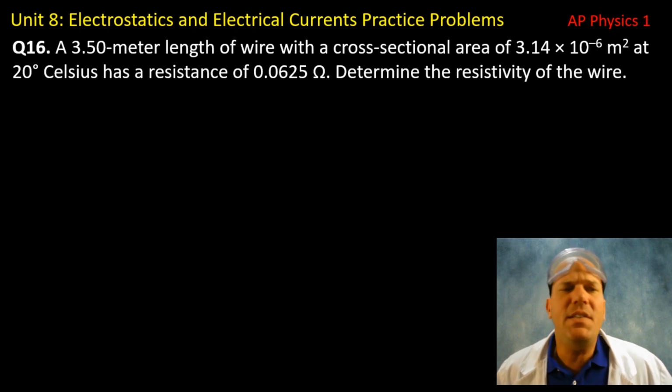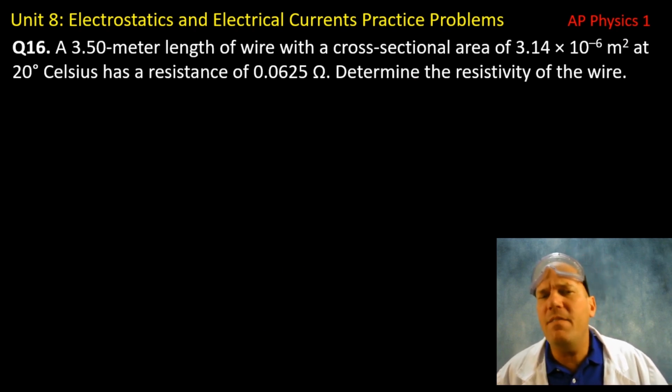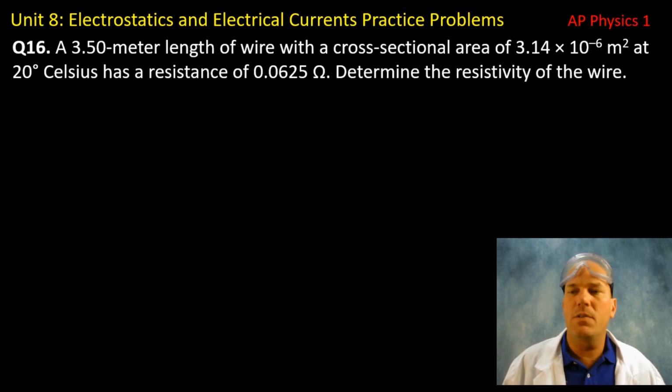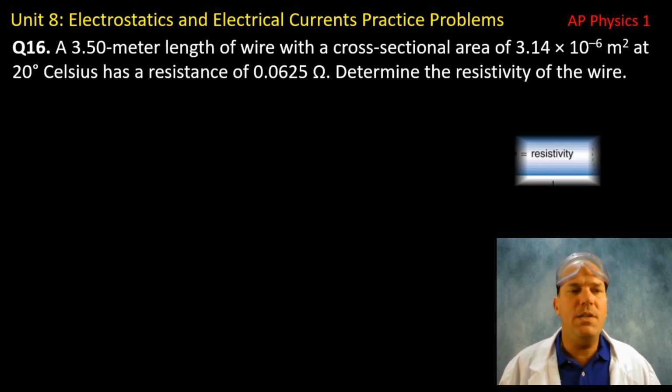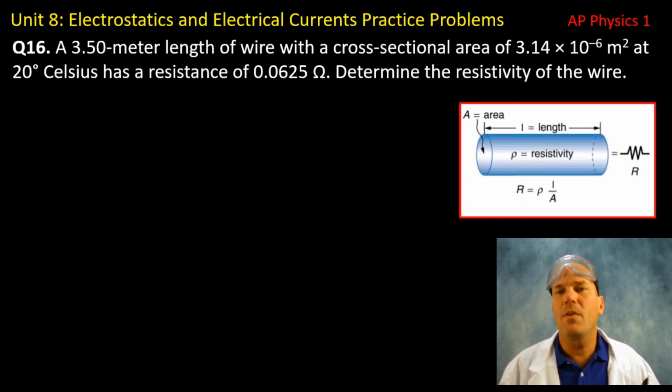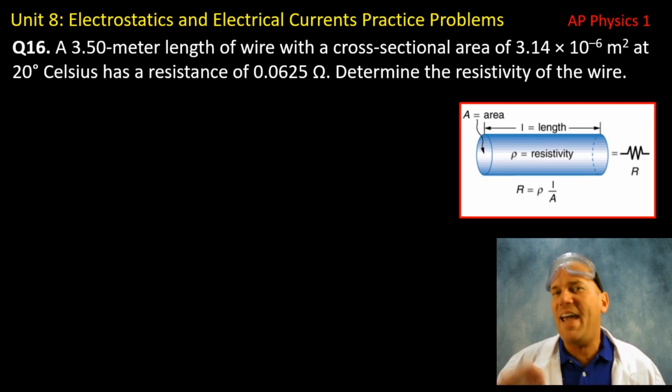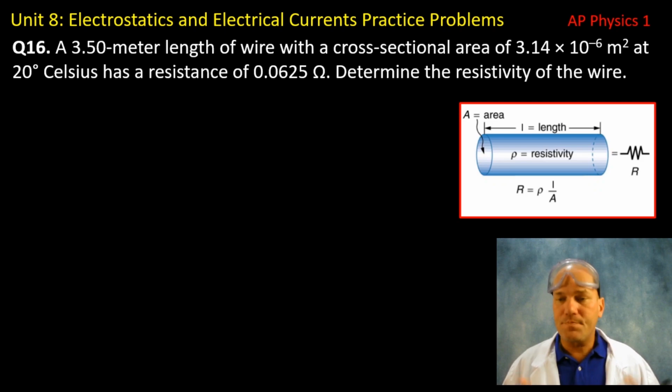In question 16, we have a 3.50 meter length of wire with a cross-sectional area of 3.14 times 10 to the negative 6 meters squared at 20 degrees Celsius. And we're being given the resistance of 0.0625 ohms and asked to solve for the resistivity of the wire.